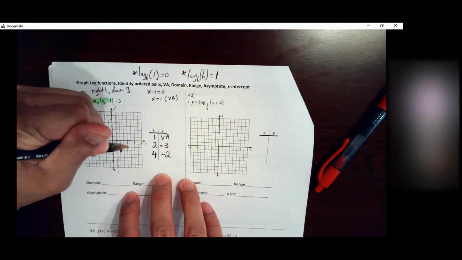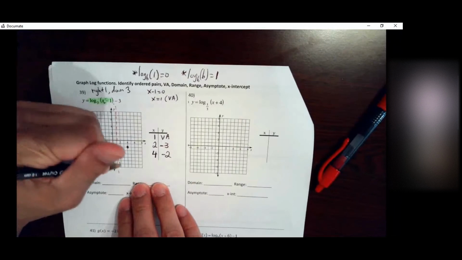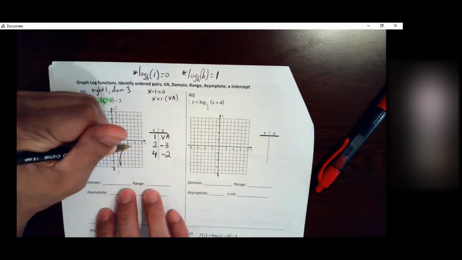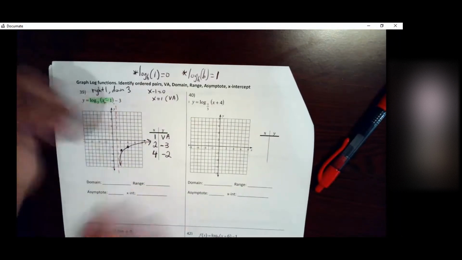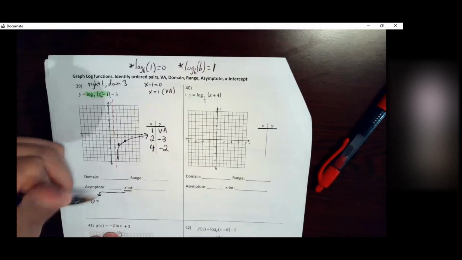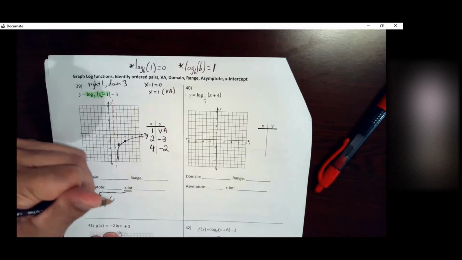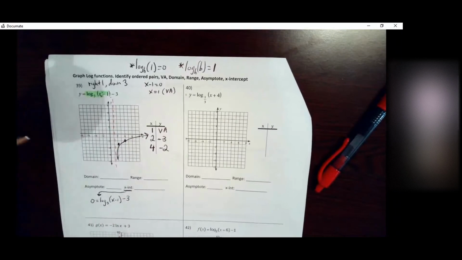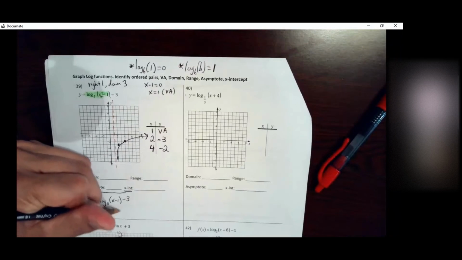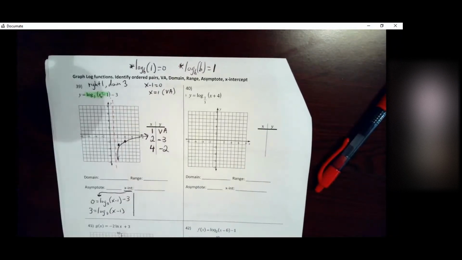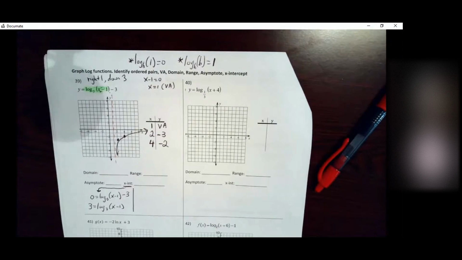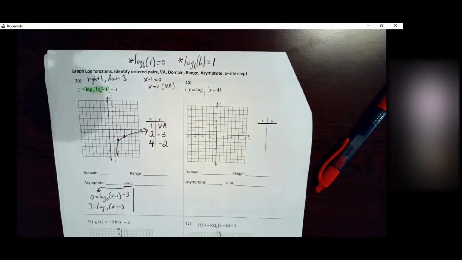Okay, and then to find our x-intercept, we set it equal to 0, right? So x equals 28.